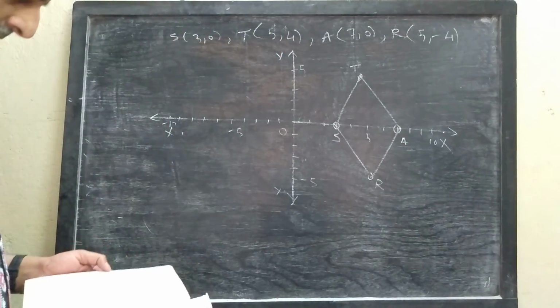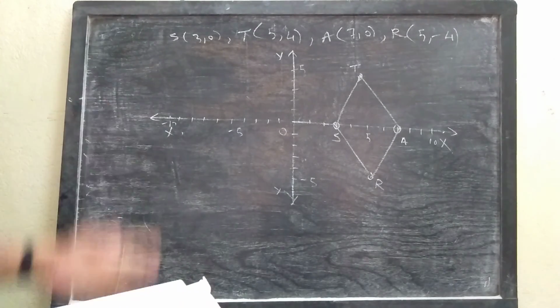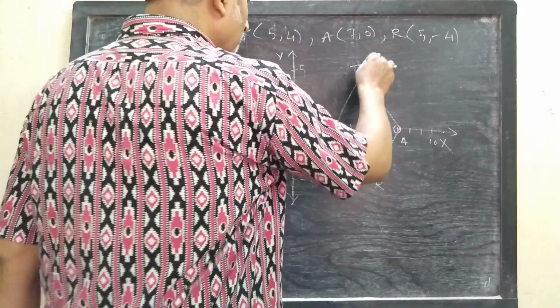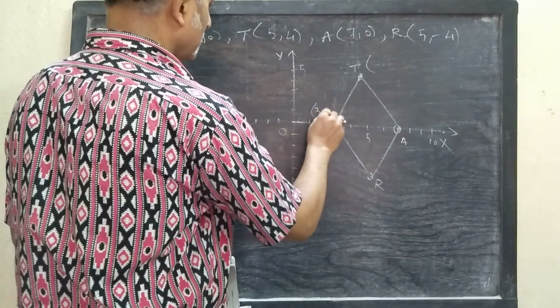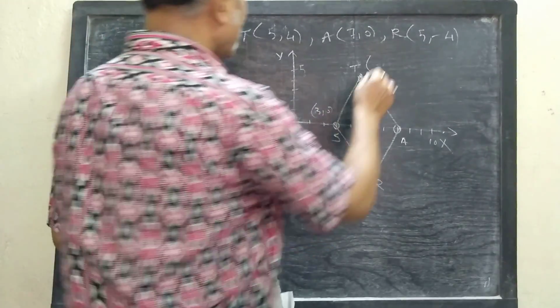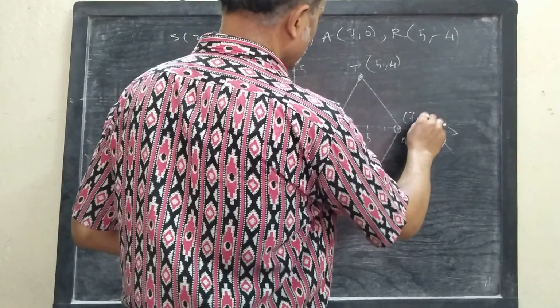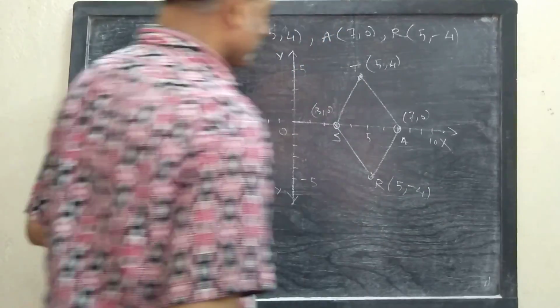Look, this will be a rhombus. Now you have to find its area. Write down the coordinates. S is (3, 0), T is (5, 4), A is (7, 0), R is (5, minus 4).